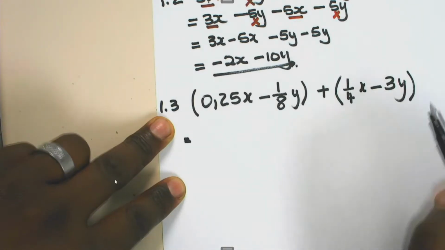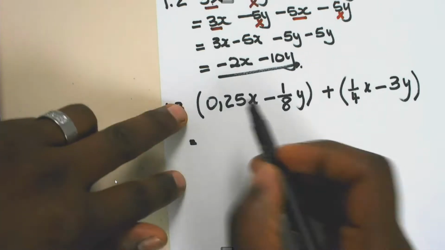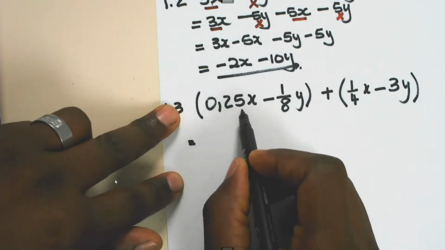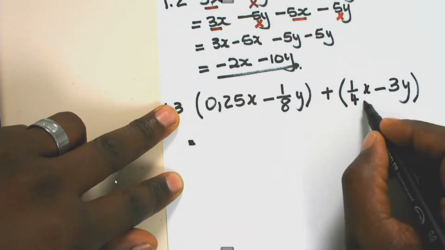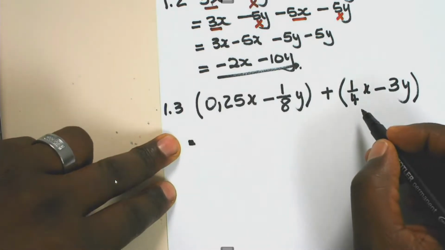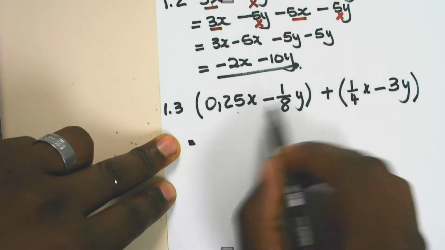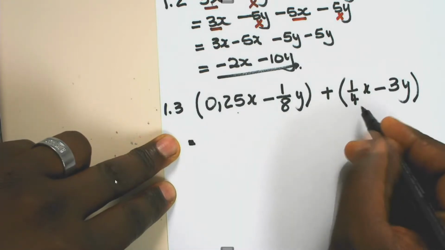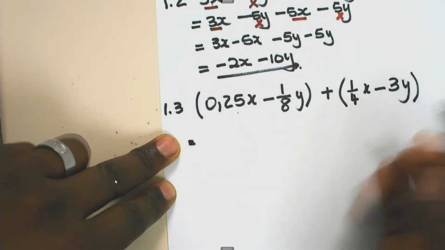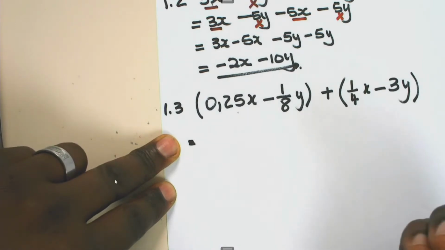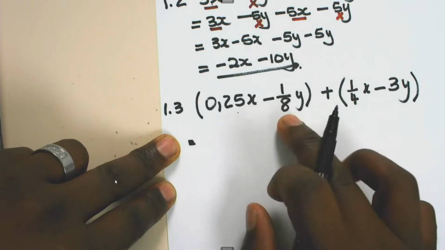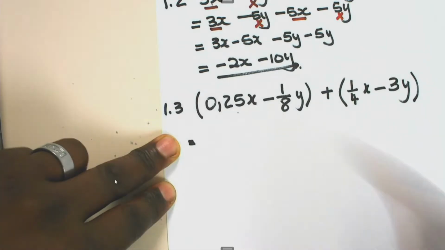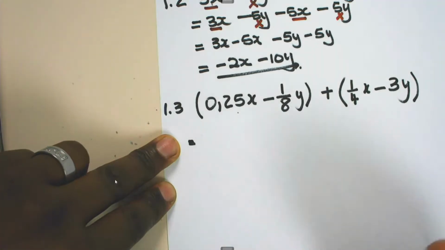But can you see that in this case we have a decimal, which is 0.25. On the other side, we have a common fraction. So it is either we convert both of them to decimals or both of them to common fractions. It's up to us. We can see that in this case we have a common fraction, so we can also change this one to a common fraction, preferably so.